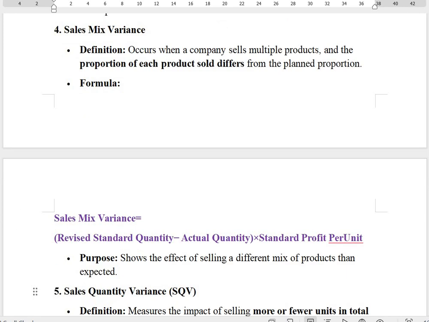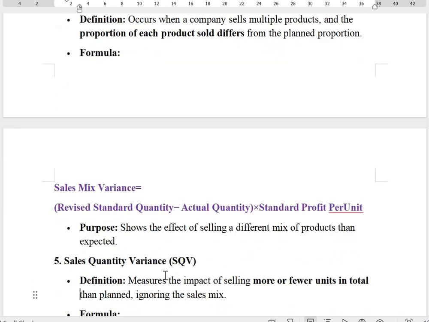Revised standard quantity is nothing but total weight of actual mix divided by total weight of standard mix, into standard quantity sold. Then minus actual quantity, and we multiply with the standard profit per unit. Similarly, we calculate sales quantity variance by comparing the standard quantity with the revised standard quantity, into standard profit per unit.